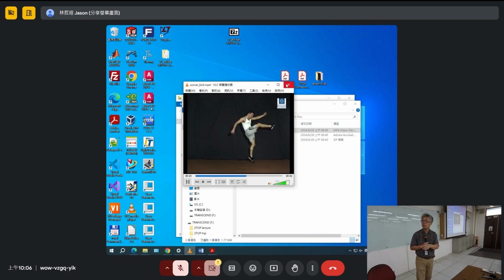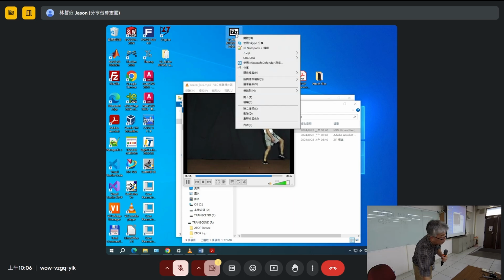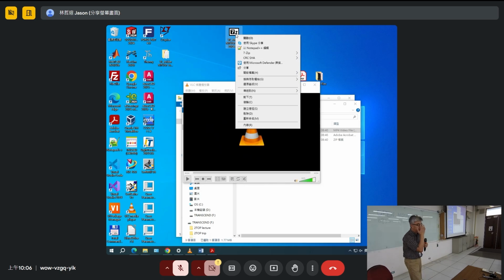Okay, and after you are done with downloading the zip file, you have to expand that, right? So that means right click, right? My instruction is in Chinese, but you see pretty much exactly the same thing, just in English.